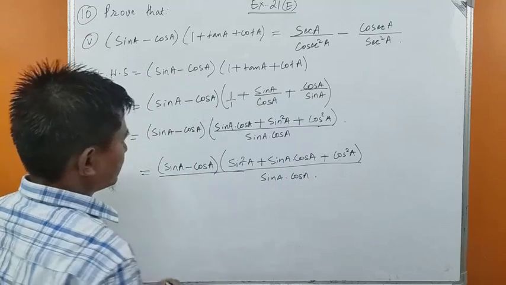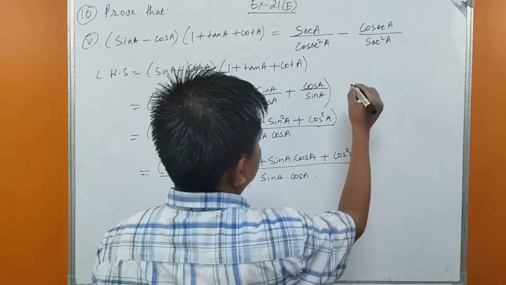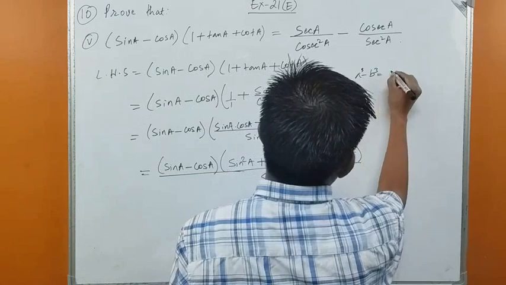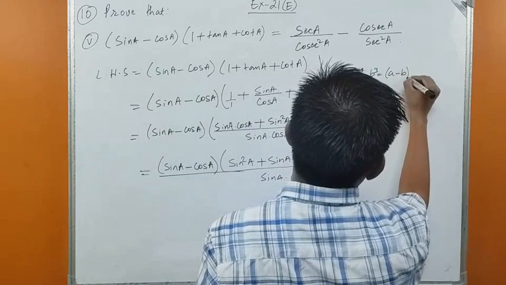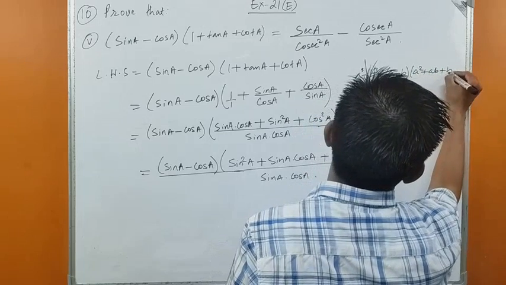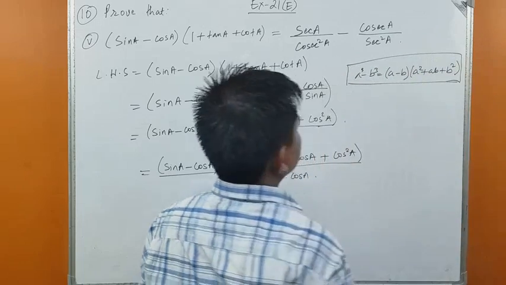So this can be written as a whole like this. You know that A cube minus B cube equals A minus B into A square plus AB plus B square, isn't it? This is the formula from algebra, we know this.